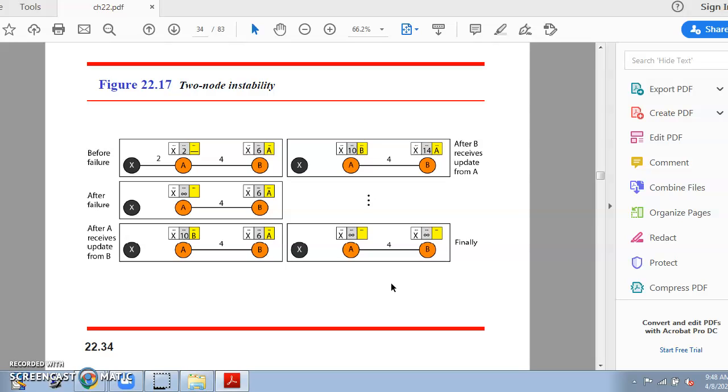To overcome this problem, there is a solution called defining the infinity. How large do we consider infinity? For distance vector routing, the value is 16. Whenever any cost metric reaches 16, it will be considered as infinity. It means there is no more route.